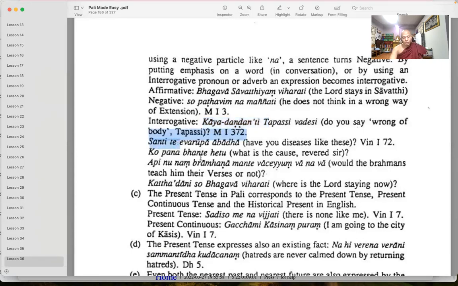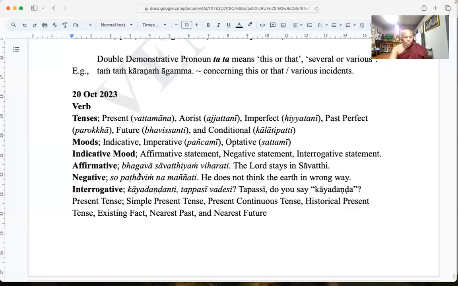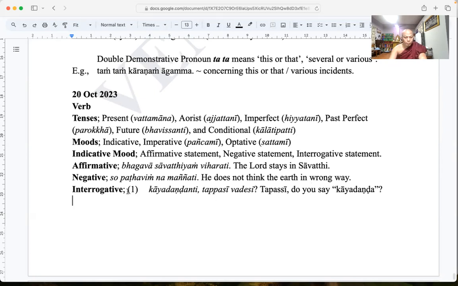So here, the three kinds of interrogatives, sorry, not affirmative.